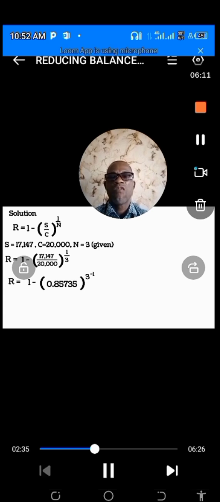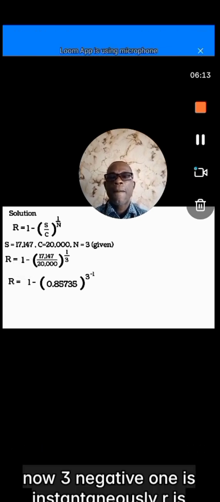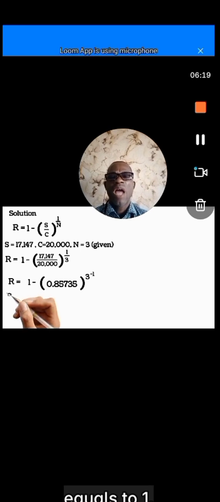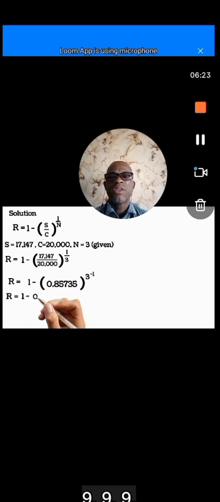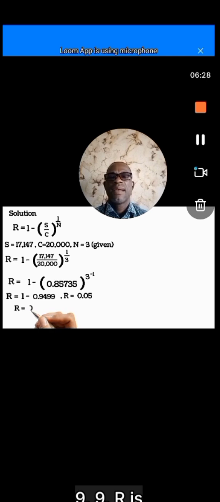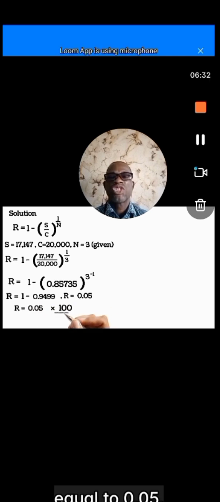So do not be confused there. Now 3 negative 1 is the same thing as R is equal to 1 minus 0.9499, and R is equal to 0.05.